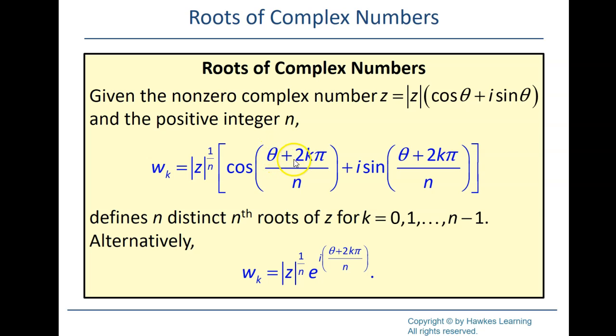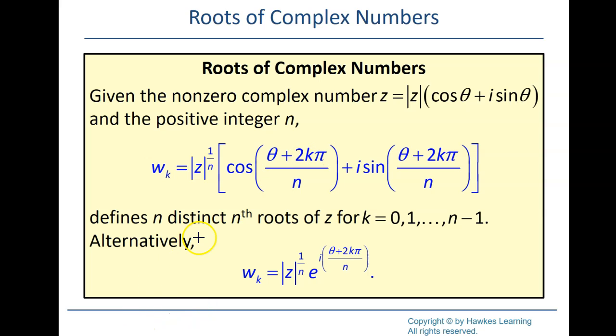If I start with 0 and I add 2 pi over and over and over again, I'm going to land back where I started. But when I'm dividing it by n, which is what we're doing here, notice what we end up with if you break this apart.